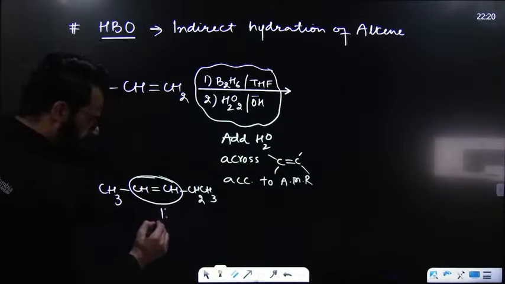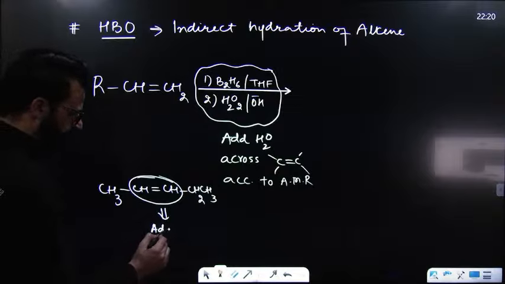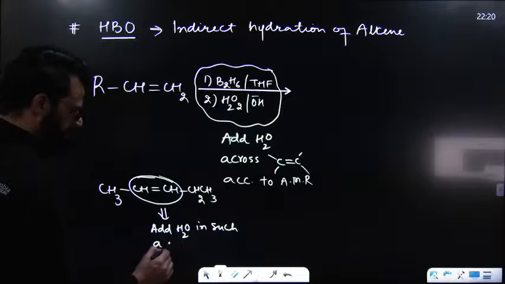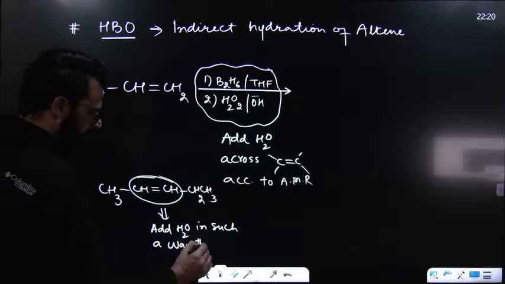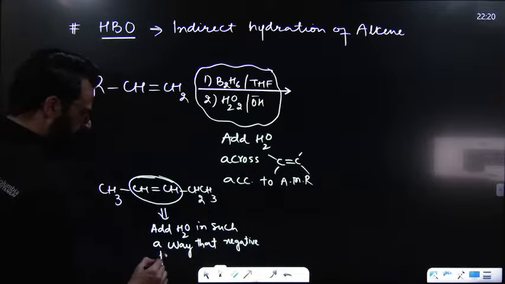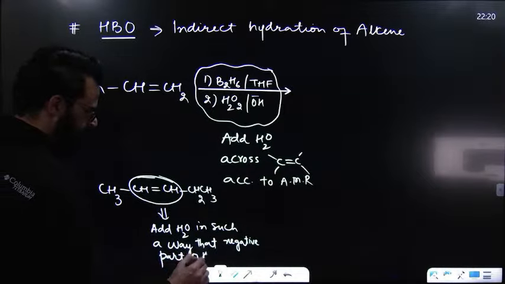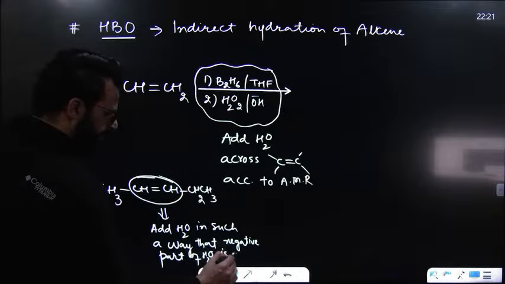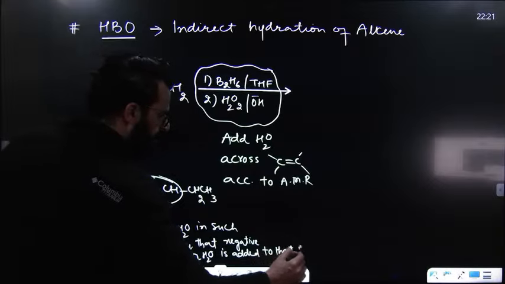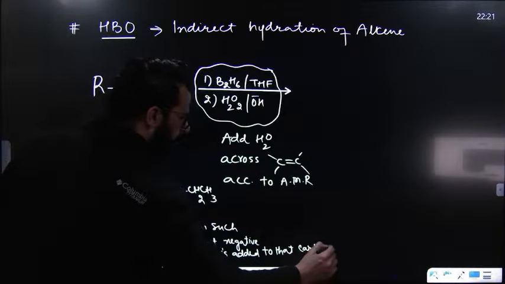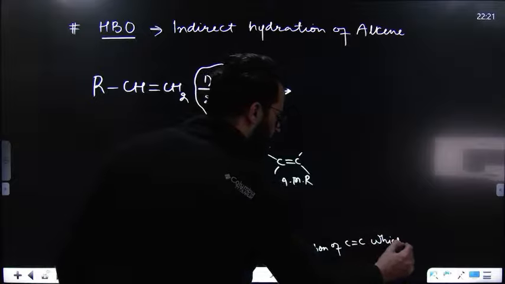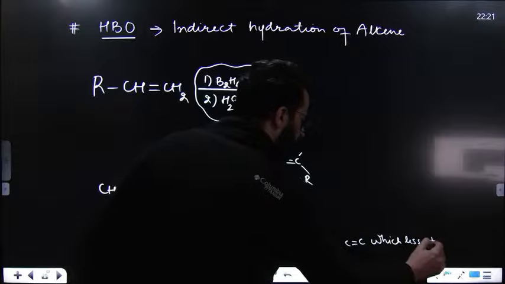Then for this, you just remember, add water in such a way that the negative part of water is added to that carbon of the carbon-carbon double bond which is less sterically crowded.